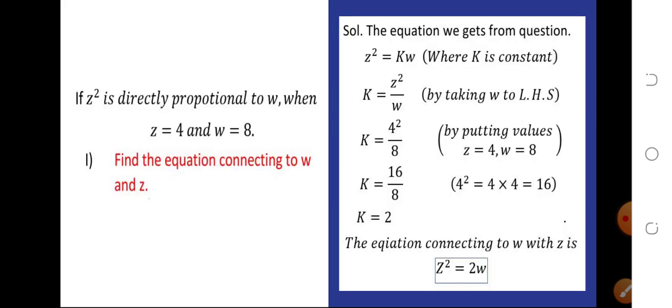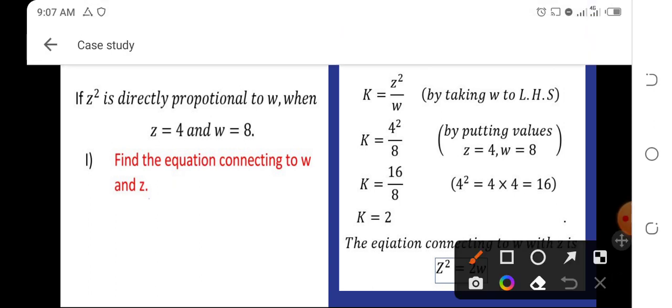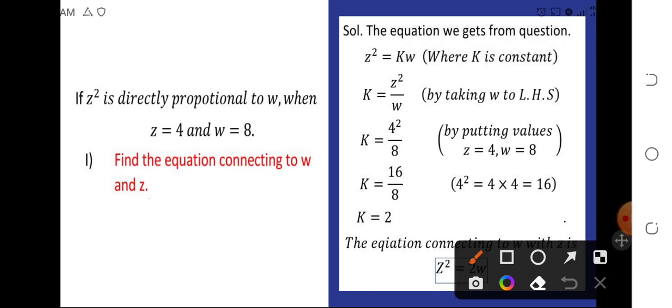Let's start. Part 1: if Z square is directly proportional to W, when Z equals 4 and W equals 8, find the equation connecting Z with W. To find the equation, first we see what the equation will be.